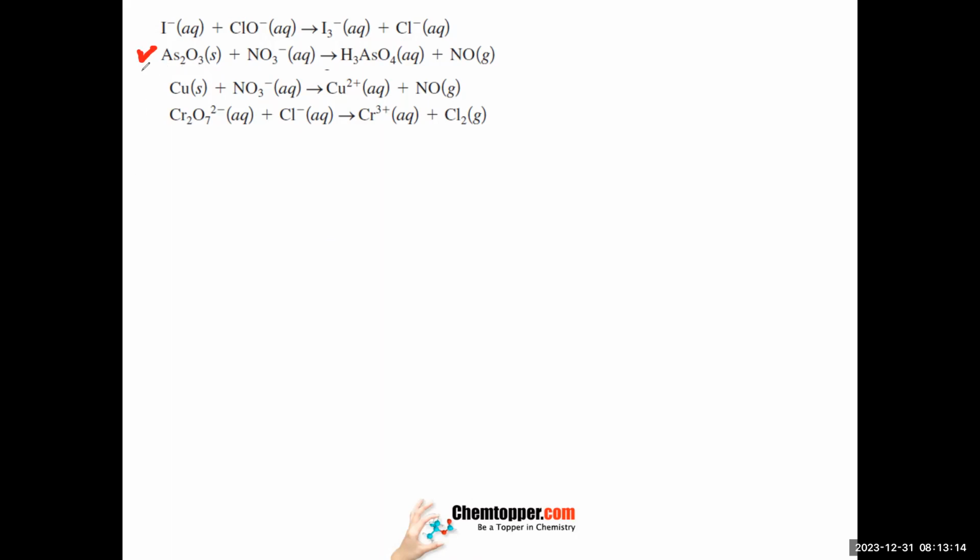Okay, ready for this? As2O3. One half equation is this, children? Agreed? Another half equation is NO3 minus giving NO. Start balancing.